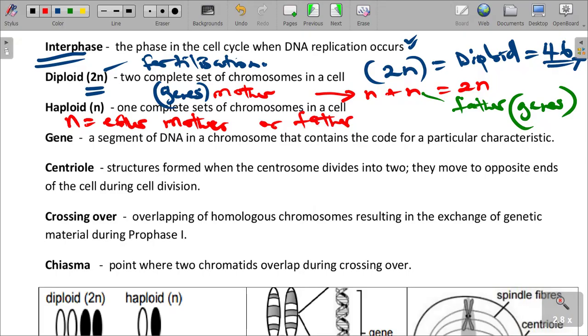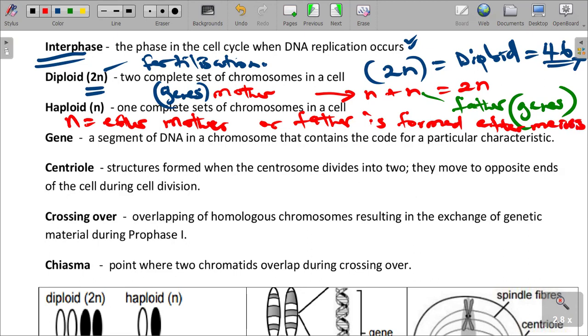And therefore, what it means is that this is formed because of meiosis. The haploid cell is a resultant cell formed after meiosis has occurred.